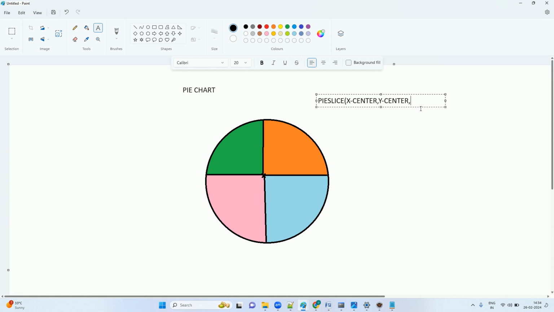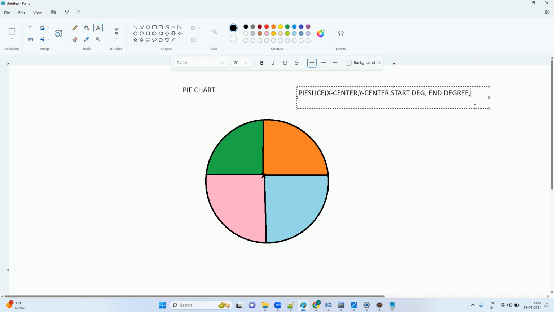Then if I want to draw the orange slice, what is the starting degree and what is the ending degree? Start degree and end degree. You can call it angle also, start angle and end angle. I am calling it degree because degree is easier to understand. 0 degree, 90 degree. And now, what is the radius of that slice?